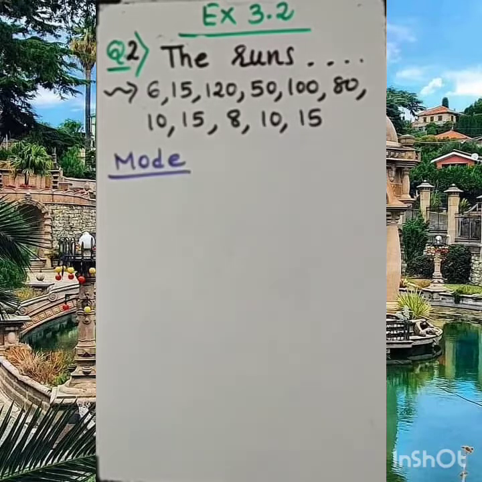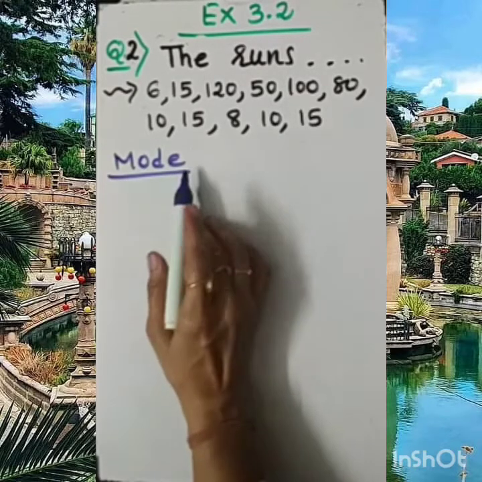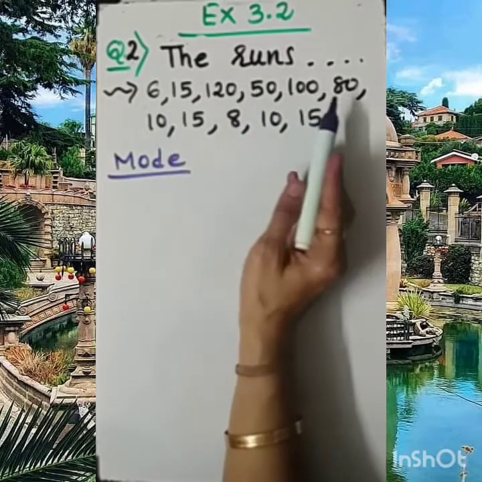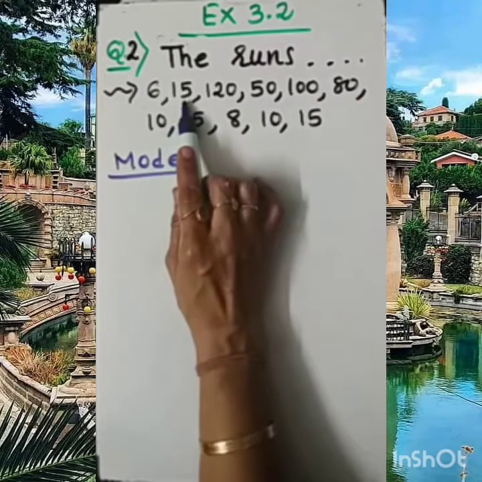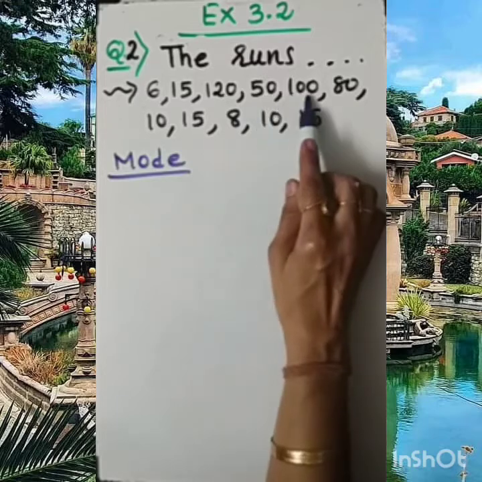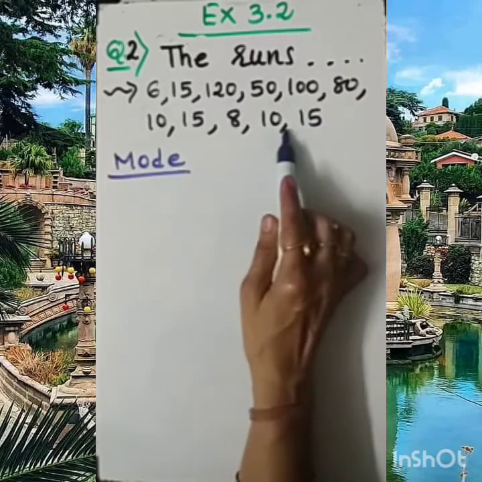Dear student, the observation which has been repeated in the given data is considered the mode of the data. I can see here clearly which number is repeated. See here 6, 15, 120, 50, 100, 80, 10, 15, 8, 10, 15.